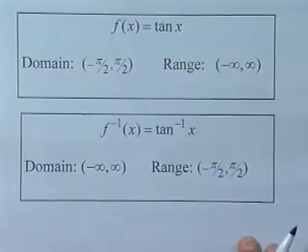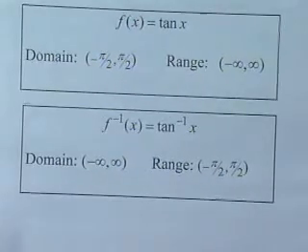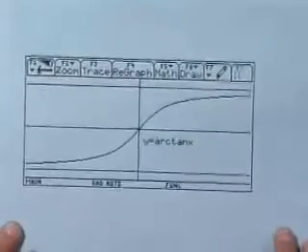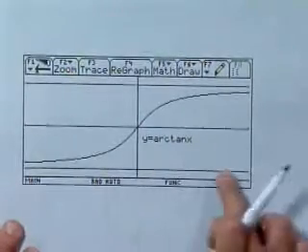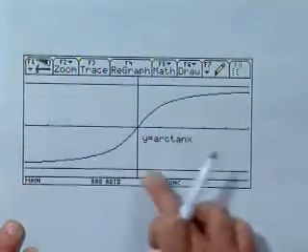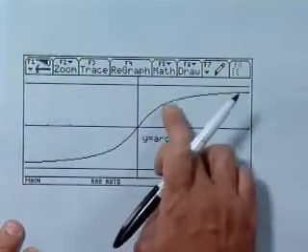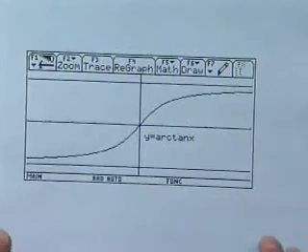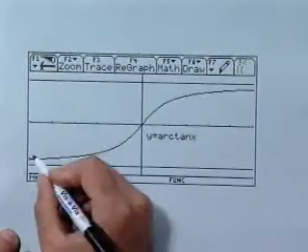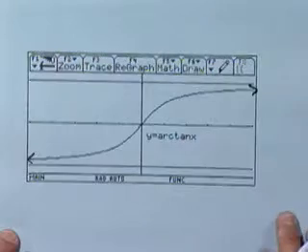So let's take a look at the arctangent function. Here it is right here. I went ahead and drew some horizontal asymptotes. This just means the function is going to get closer and closer to these horizontal lines but never actually touch. Let's investigate the domain here. The function goes on forever.